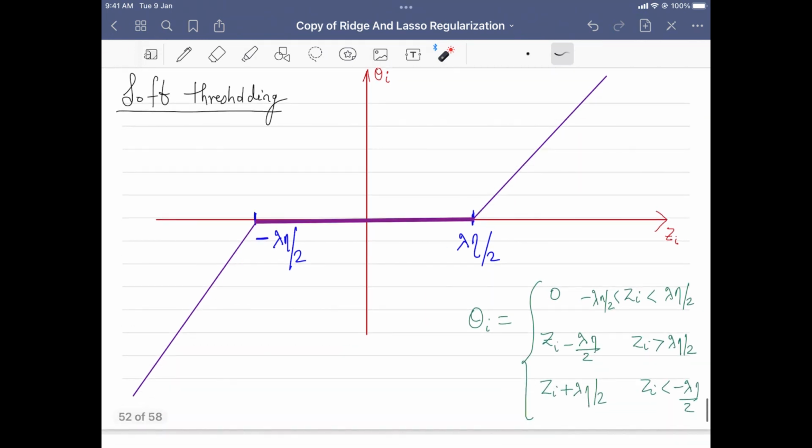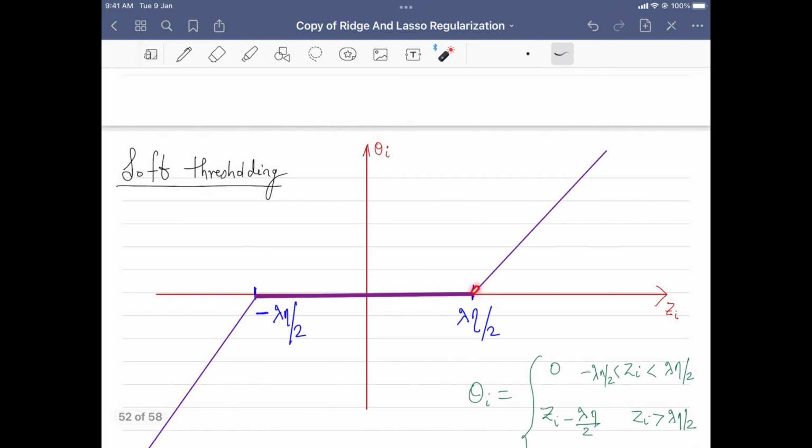This is also called soft thresholding, because you are doing a thresholding. A thresholding operation means below it is 0, above it is passed. It is called soft thresholding because this is a softer version of the thresholding. The hard threshold is like this.